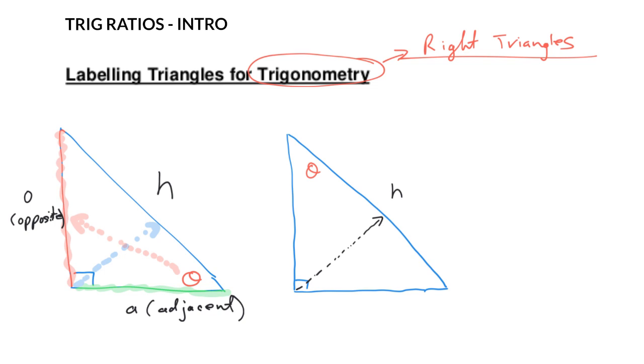Now, we still have to figure out what our adjacent is. So for our adjacent, we look for the side that's not the hypotenuse, but is directly beside the angle.